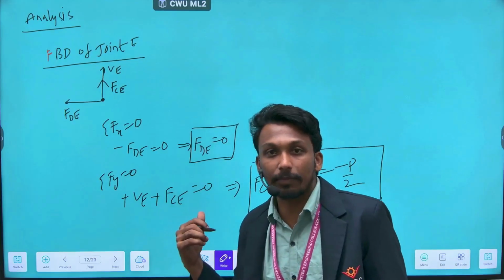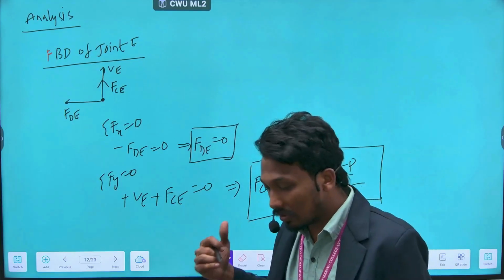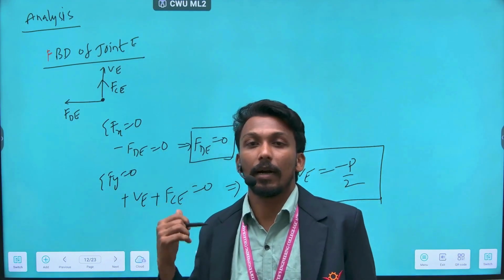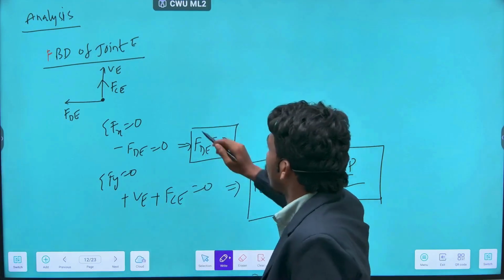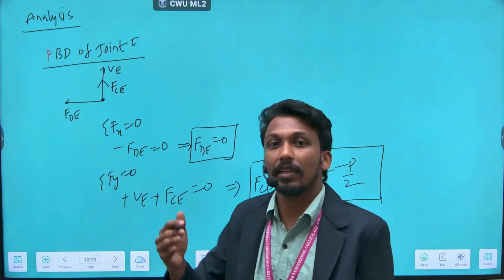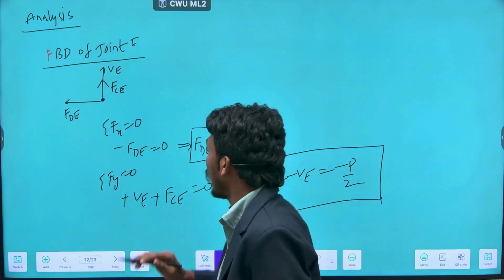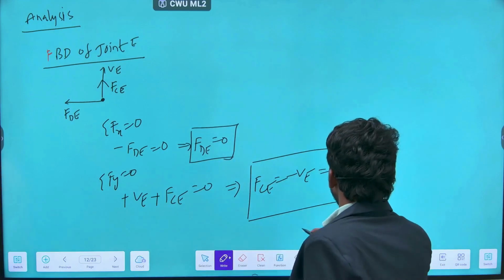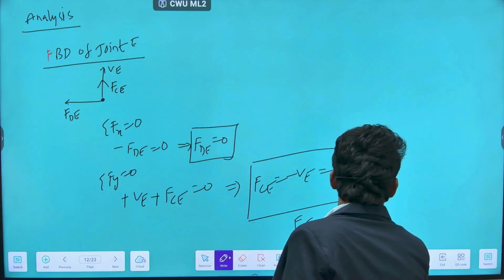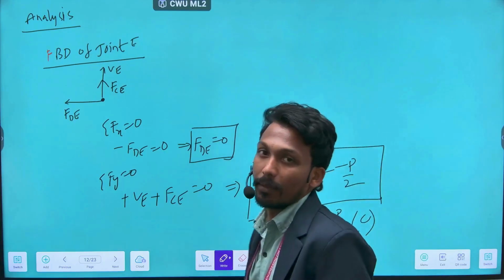So what does this minus represent? Minus represents it is a compression. We assumed that the force is tension and we got a negative value. It means the assumed direction is wrong, and hence it just means FCE equals P by 2 compression. That is what it means.